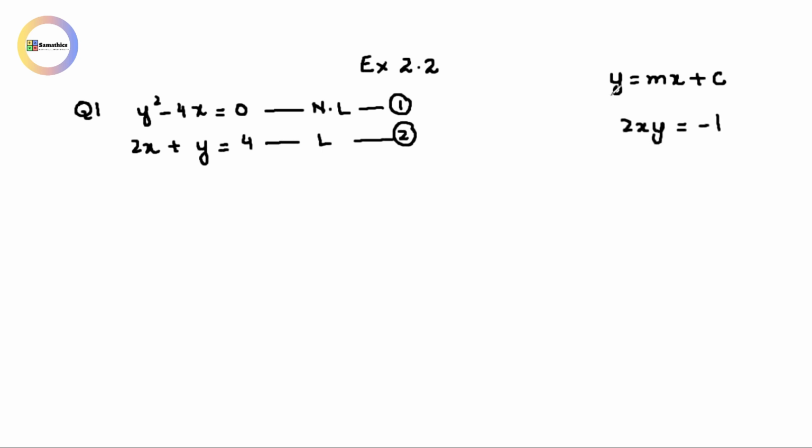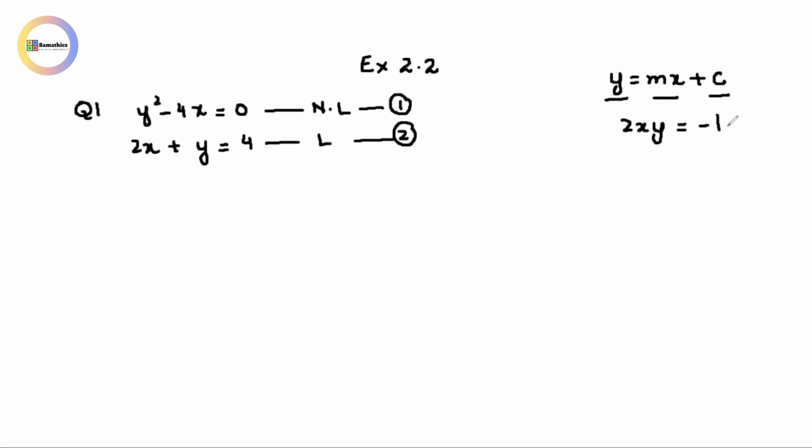Linear equation has 3 terms, right? But this equation has only 2 terms. One is 2xy and another one is -1. So this equation is not linear, right?